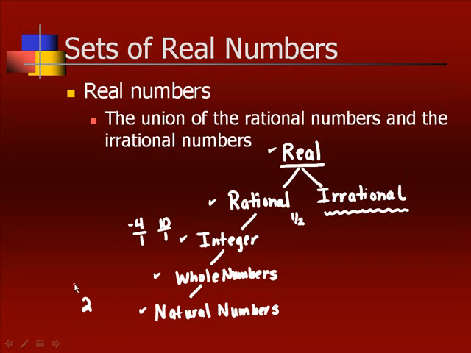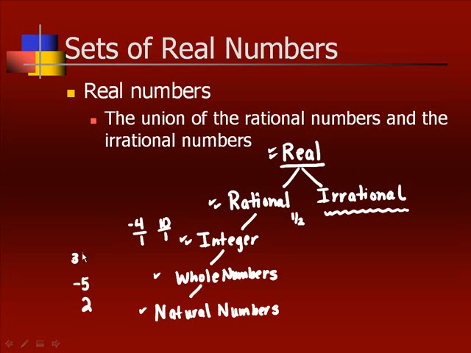Whereas if you had a number like -5, -5 is not a natural number, it's not one that we count with, it's not a whole number, it's an integer, so that would be an integer, a rational, and a real.